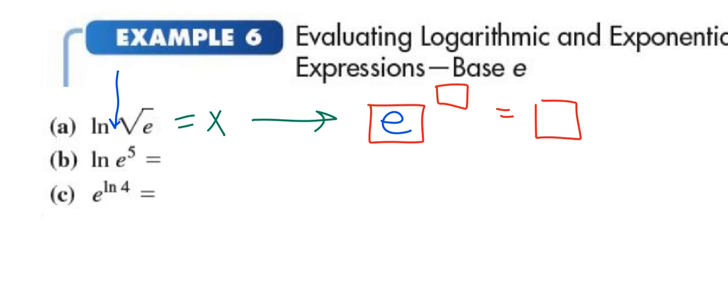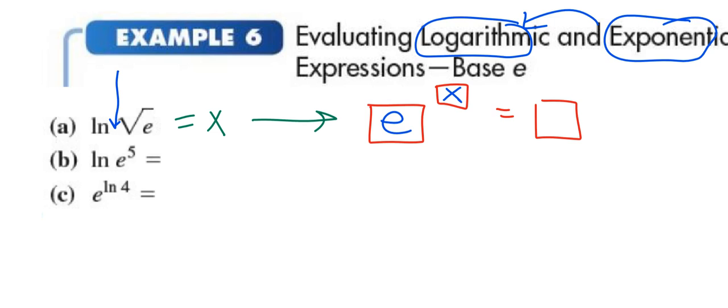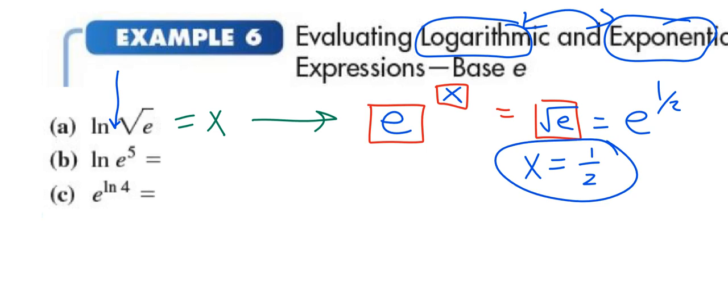The exponent, well, remember, a synonym for logarithm is exponent. You have to understand those two things are the same. So x is the exponent, that's the logarithm, and then it equals the square root of e. We rewrite this as e to a power, and then we know the answer to the question. x equals 1/2.